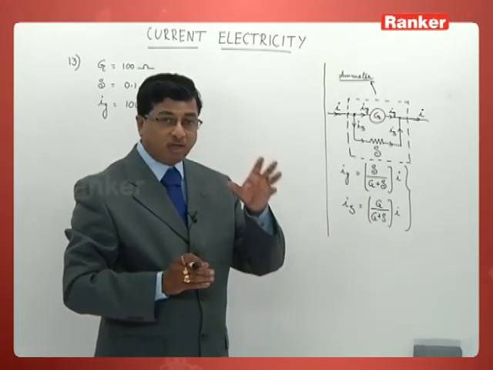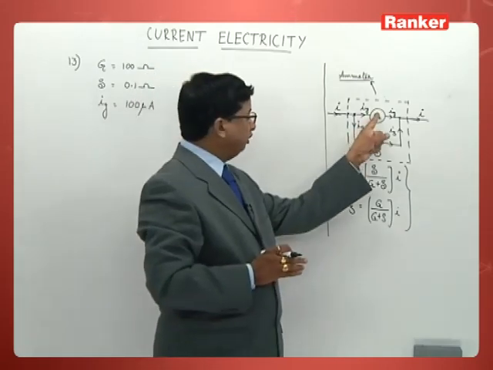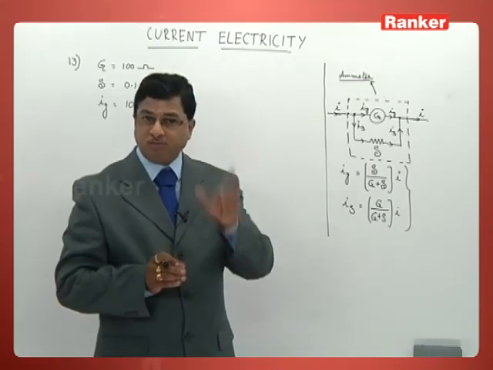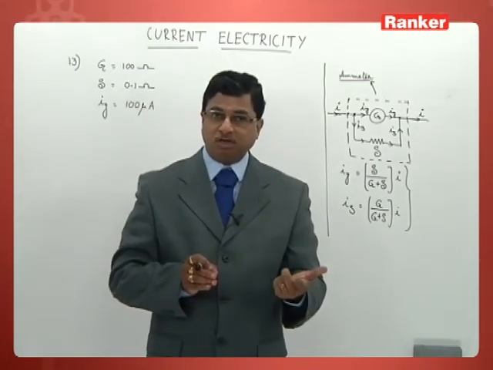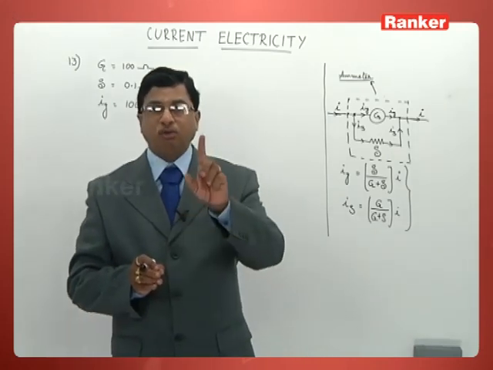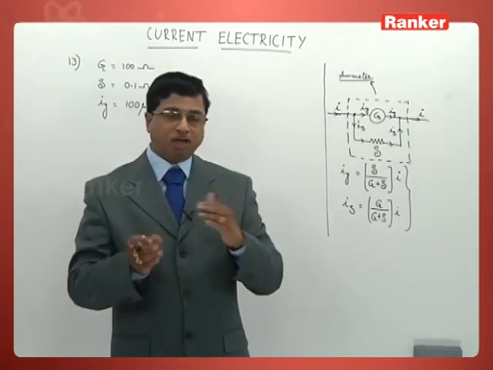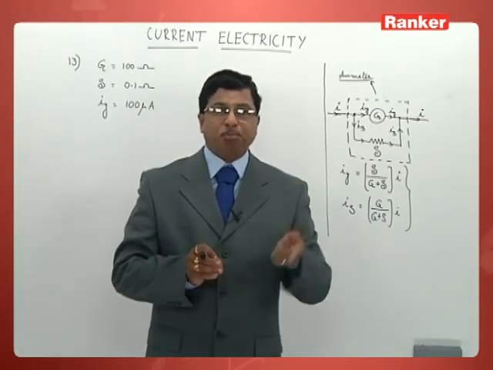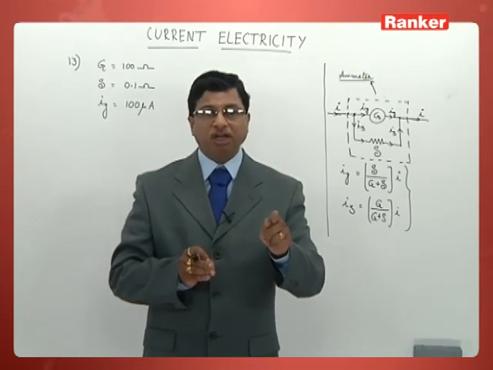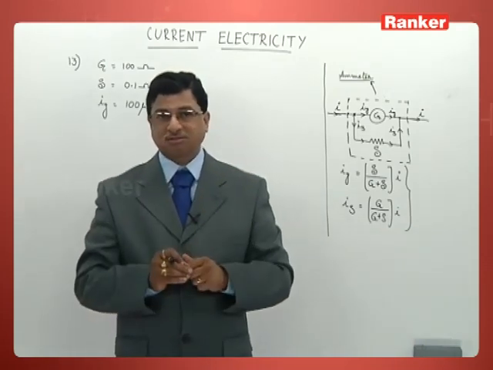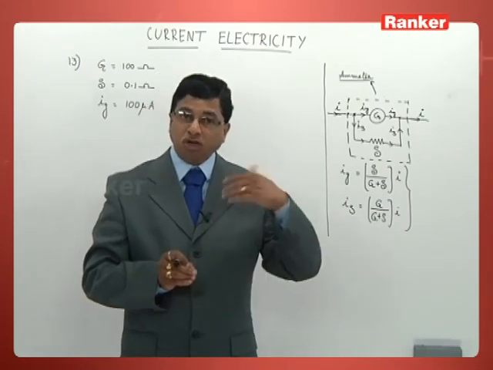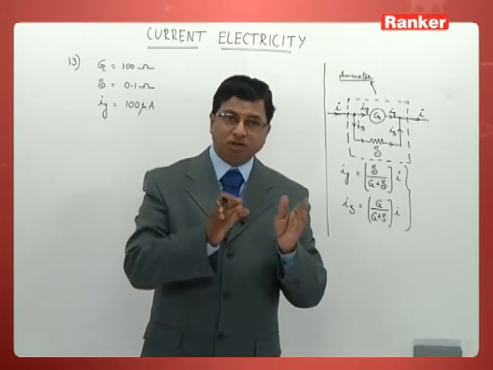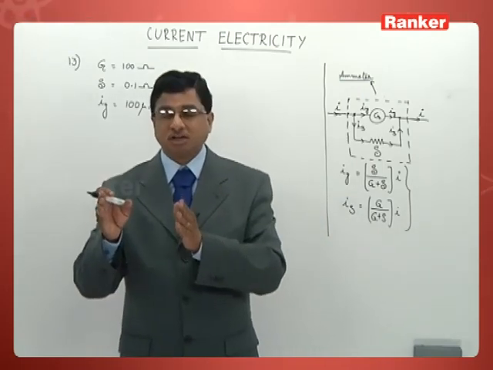Not only that, theoretically speaking, since these two resistances are connected in parallel, the potential difference across the galvanometer and across the shunt are going to be equal. So what is the common factor over here? In an ammeter, PD across G and PD across S are equal. Whereas in a voltmeter, currents are going to be equal across the galvanometer and across the resistance connected in series.